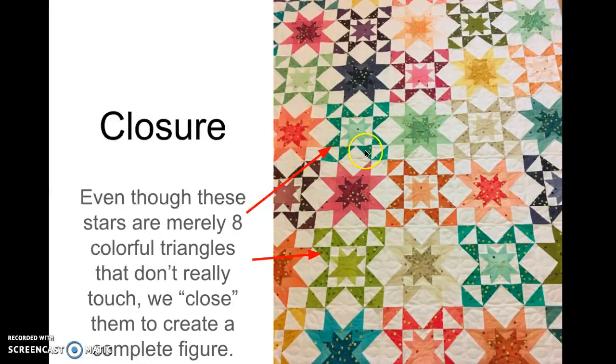These pieces, the darker part of the star that we're looking at, there's actually just 8 dark triangles that are creating that. They barely, or in some cases, don't even touch each other at the junctions, but it's very easy for us to mentally close that in as one full and complete object and say, oh, that's a star. Look, oh, here's a star formed by the outline of this thing. So we're mentally closing in the edges so that there are no gaps in our understanding of that thing to create a complete figure. And that's the last of our Gestalt grouping principles.